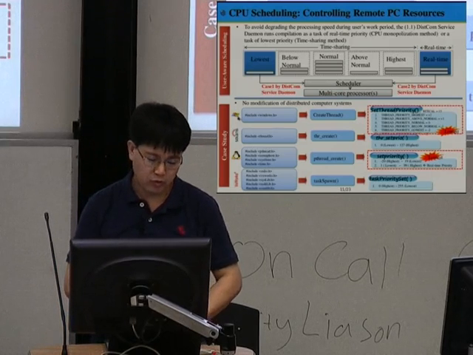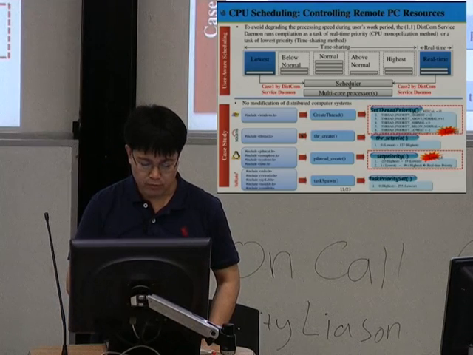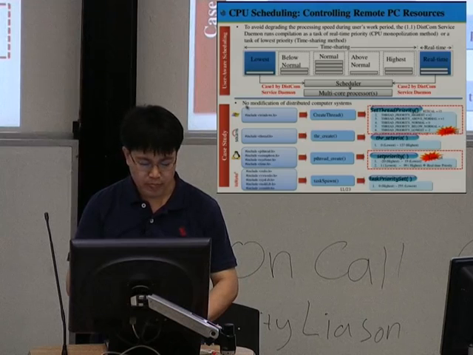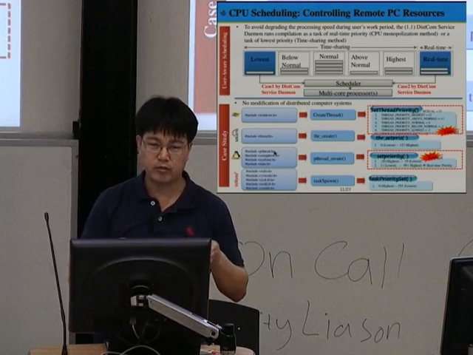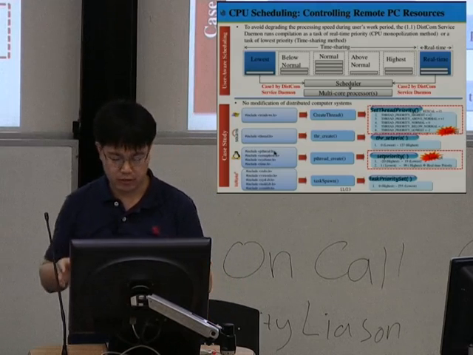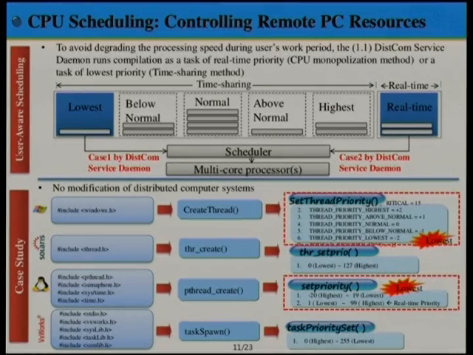To implement these mechanisms, fortunately, the Windows system and the Linux system support real-time scheduling and time-sharing scheduling. So it means that we don't need any modification to implement our distributed compilation system at the remote computers.